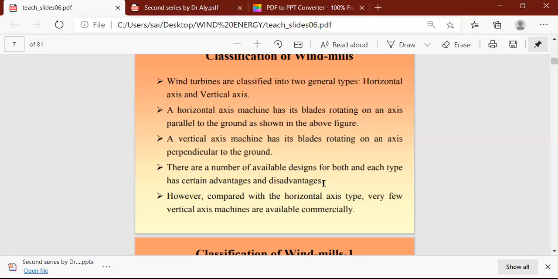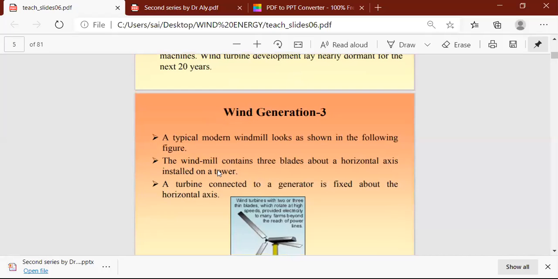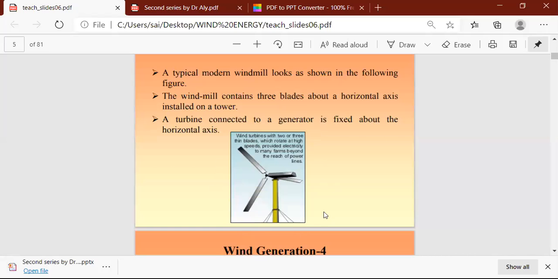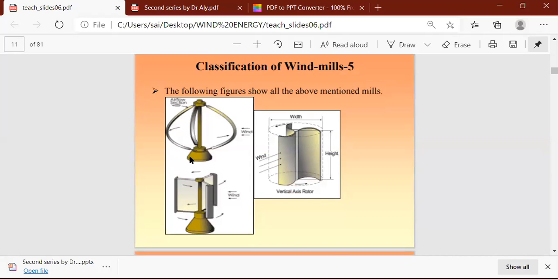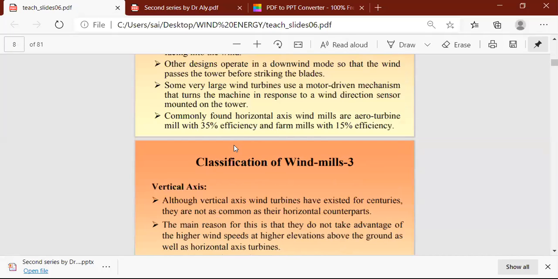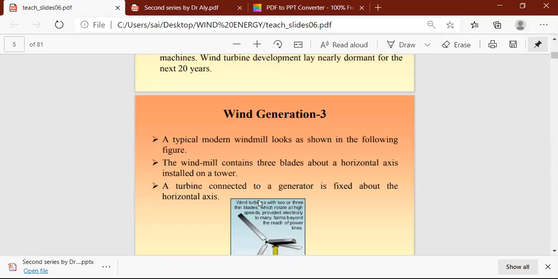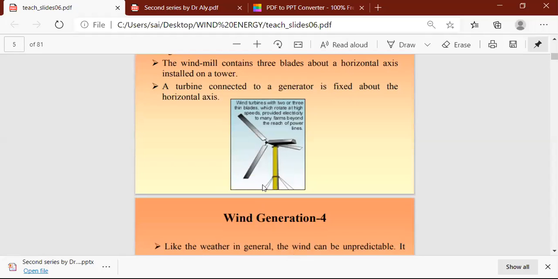There are many different designs, but for the introductory part I will just cover this basic design of the horizontal wind turbine, and the vertical wind turbine looks like this. These blades are perpendicular to the earth surface, whereas in a horizontal axis wind turbine the blades are parallel to the earth surface.